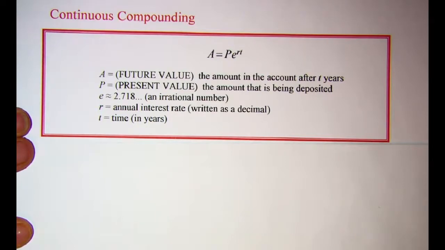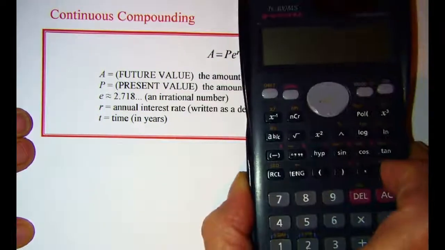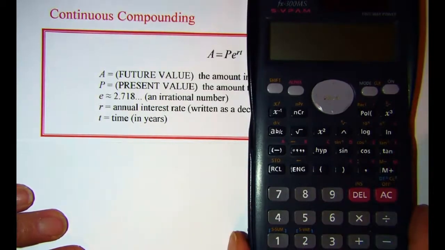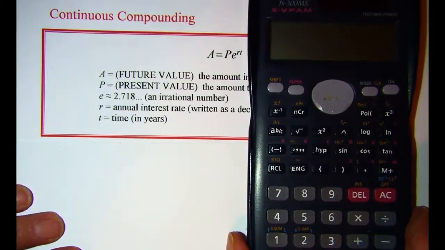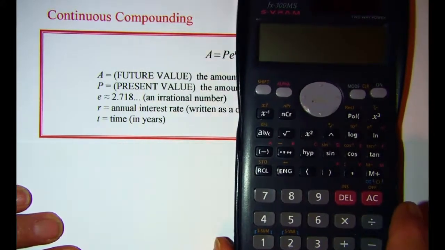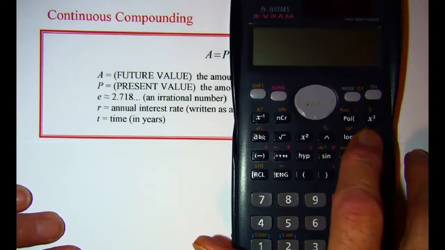If you're looking for e on the calculator, some calculators have a special button just for e. On this calculator, it's right above the ln button in yellow there, e to the x.